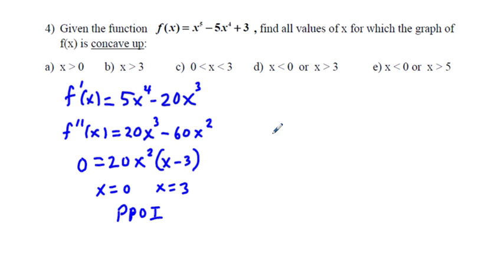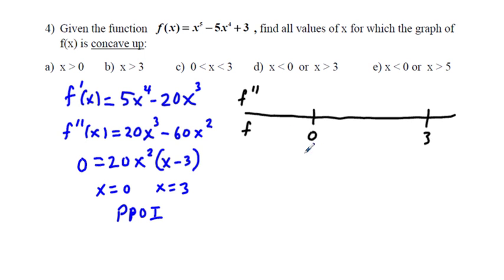So let's go ahead and evaluate to see what they are. Again, we put on the number line our possible points of inflection, which are 0 and 3, and we put f double prime above the line and f below, and evaluate concavity. We take a value less than 0, say negative 1.